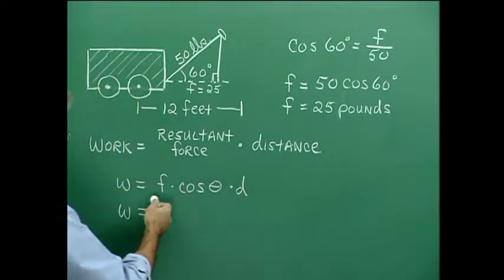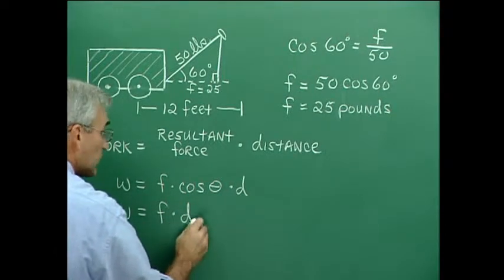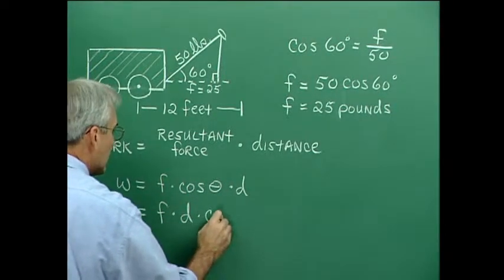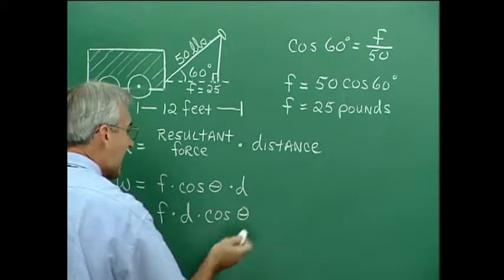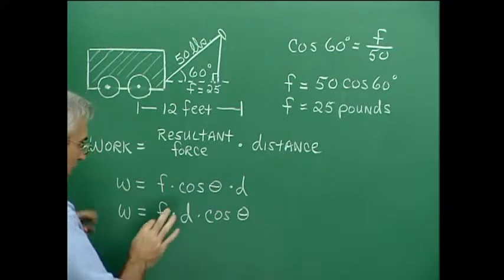A lot of times these three factors are written as F times D, force times distance, times the cosine of the angle. Okay, so let's use this idea and work another problem.